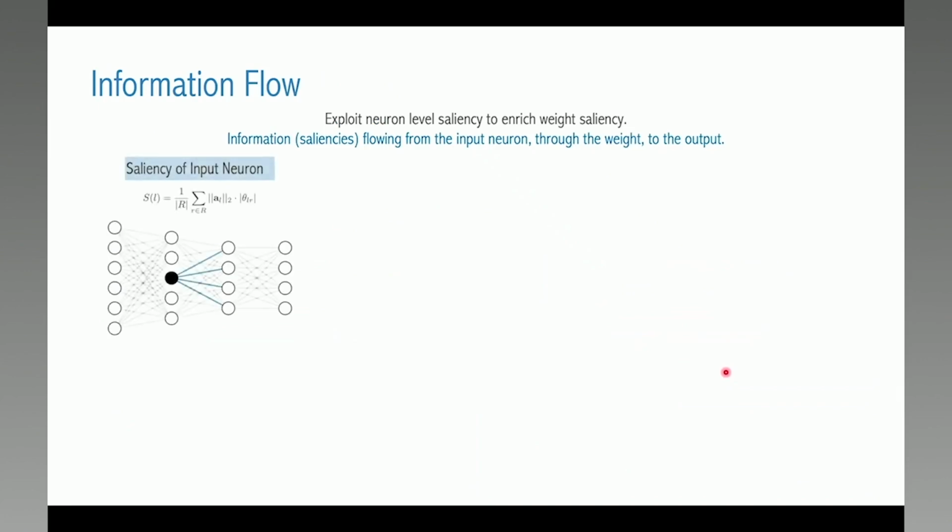What we propose is to compute the saliency of an input neuron by taking into account all the different subsequent neurons that are connected to it, and then we estimate the saliency by taking into account the L2 norm of the activations and the weights associated to the different connections.